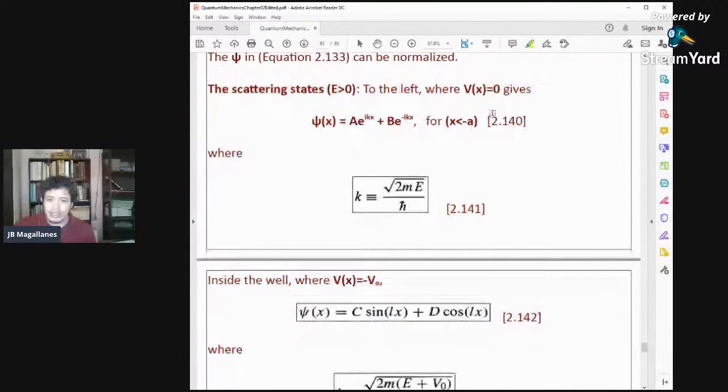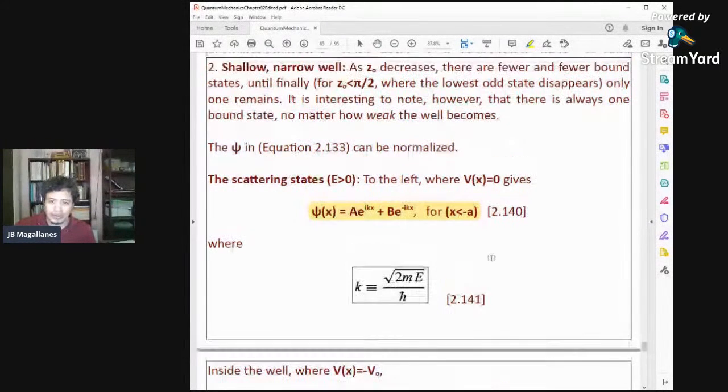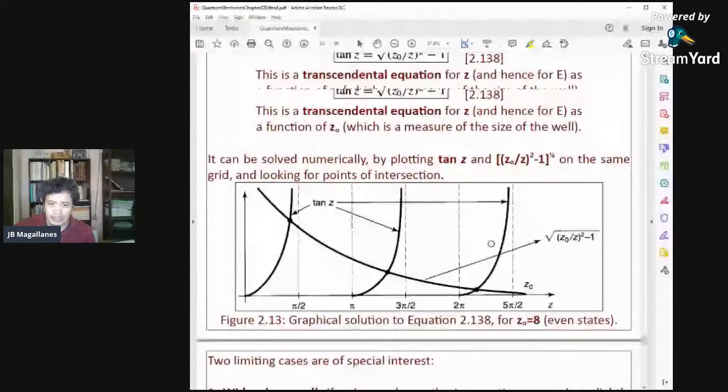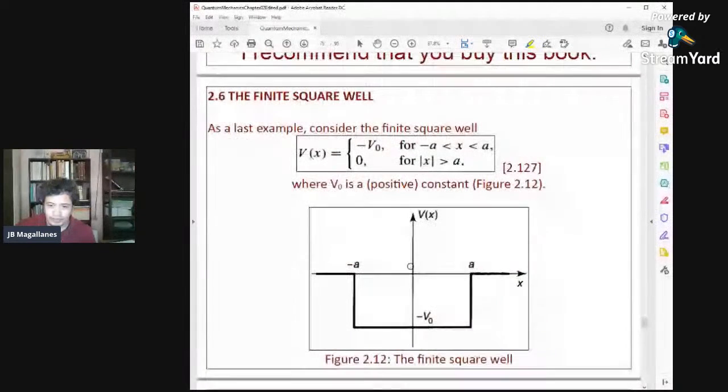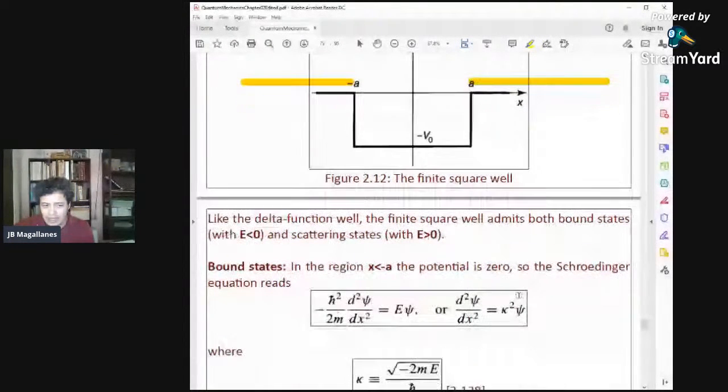To the left, where V(x) is equal to zero, this gives this one for this region, and for this region, we set that.